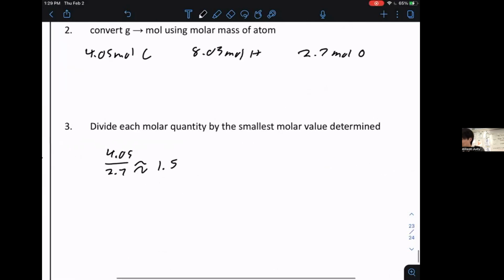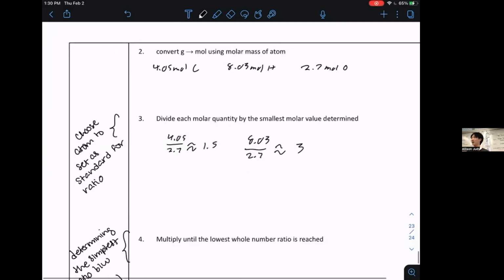Doing the same for hydrogen, we get about 3 moles of hydrogen per mole of oxygen.